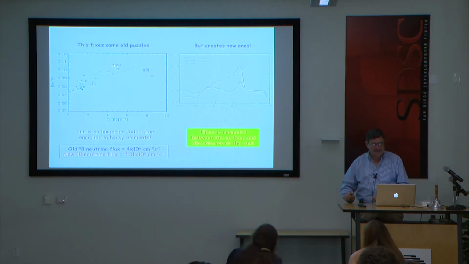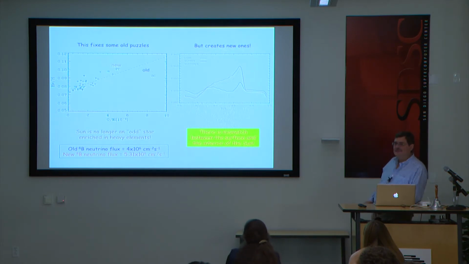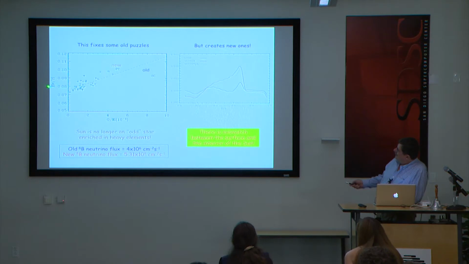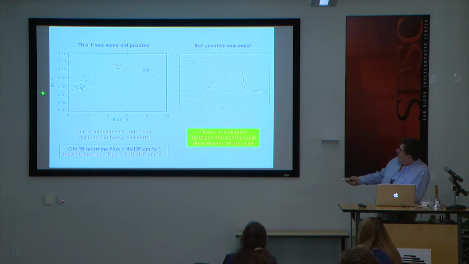This is actually not so bad. This actually fixes some old puzzles. If you look at the helium abundance of the sun as a function of the oxygen abundance, everything nicely for all the stars sits on a straight line, but the sun was right there. It was an odd star. It was an odd star somehow enriched in heavy elements.